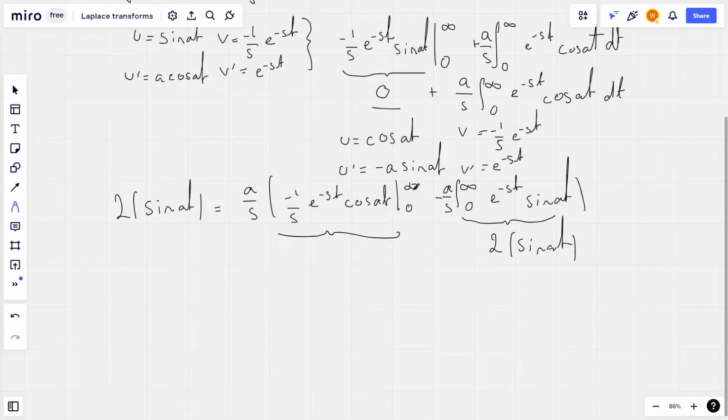When t approaches infinity, this function approaches 0, but this time when t approaches 0, we don't have a sine, so cos of at just approaches 1, and e to the minus st also approaches 1, so we have 0 minus 1 over s.